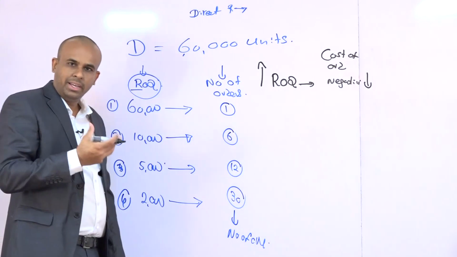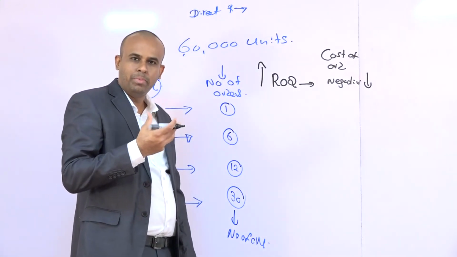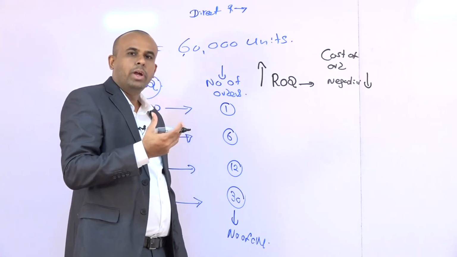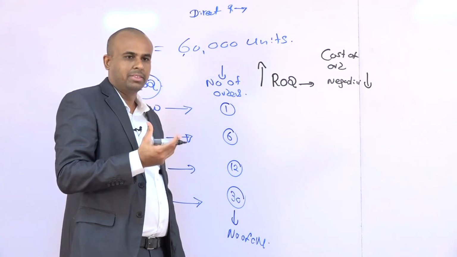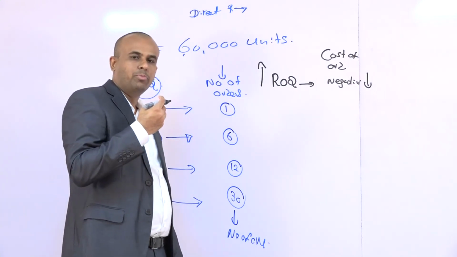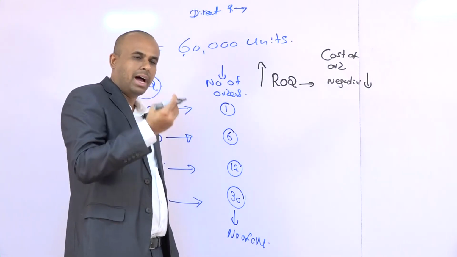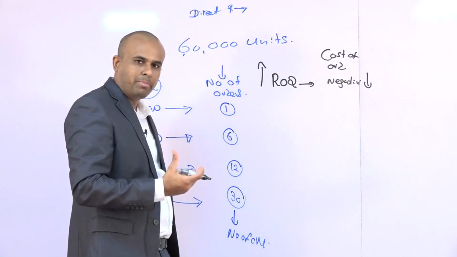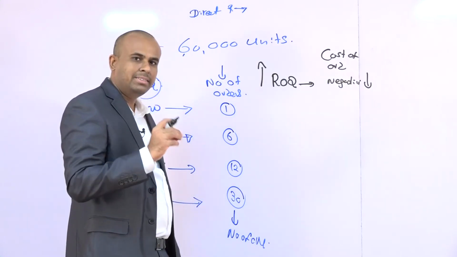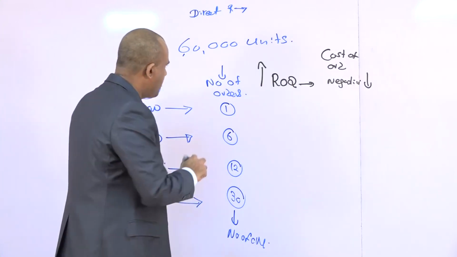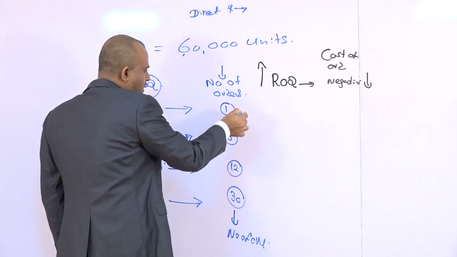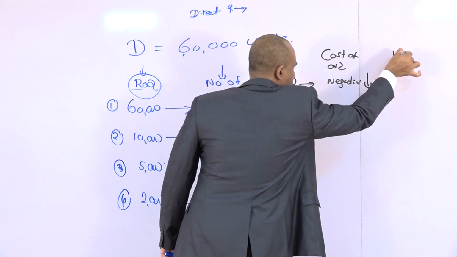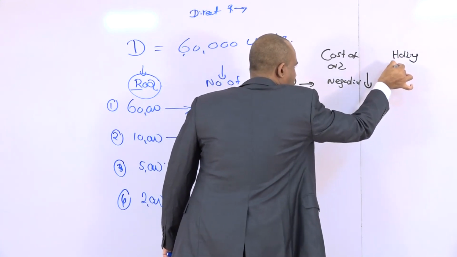Therefore, you may have a feeling that if you want to maintain the optimal level of inventory and keep your inventory cost minimum, you can purchase more units at once. Yes, when your reorder quantity is higher, you can keep your cost of ordering at a minimum. But it has another consequence. When you purchase more units at once, your cost of holding will increase.